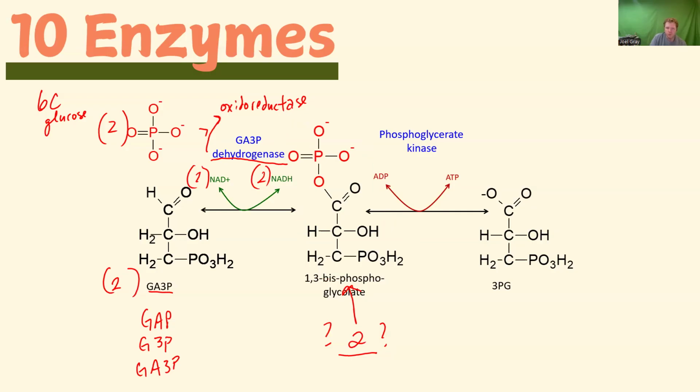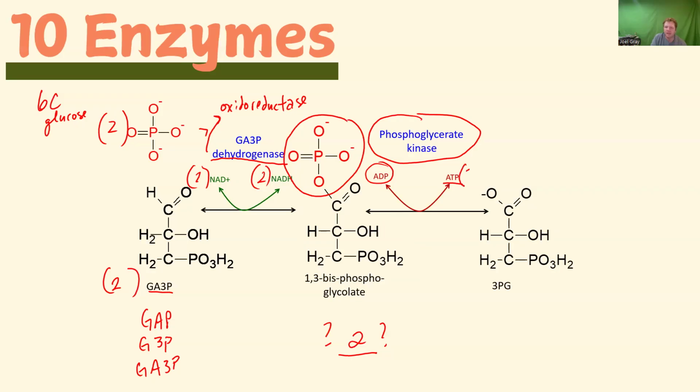So that 1,3-bisphosphoglycolate, what we are going to do is use this enzyme right here, phosphoglycerate kinase, and ADP. We're going to take this phosphate that we just added, but phosphoglycerate kinase is going to take that phosphate off and transfer it from 1,3-bisphosphoglycolate onto ADP to make ATP.